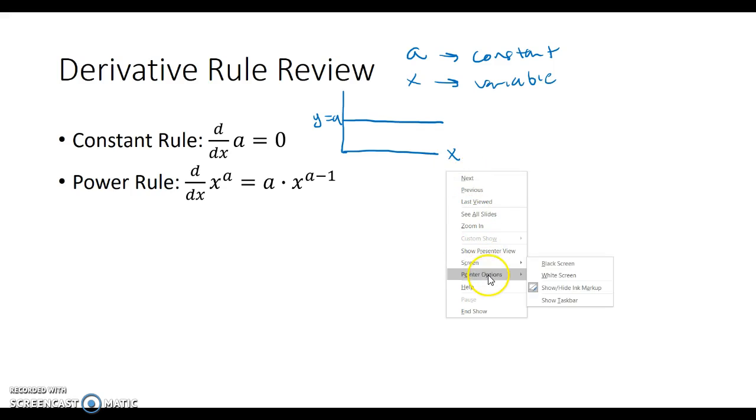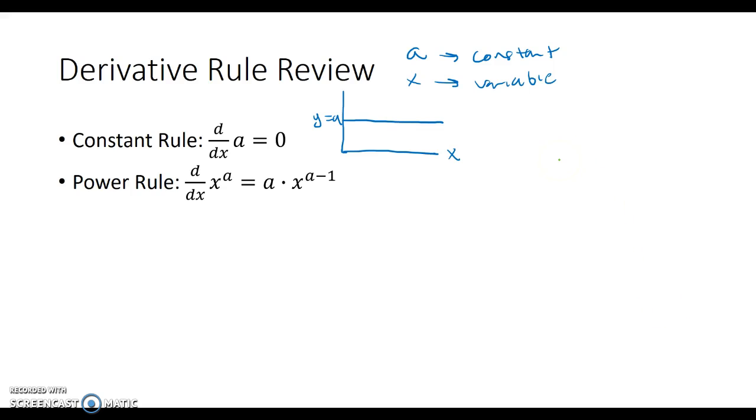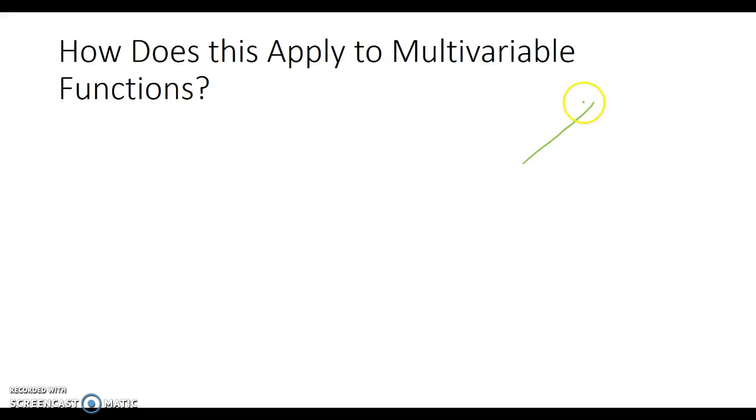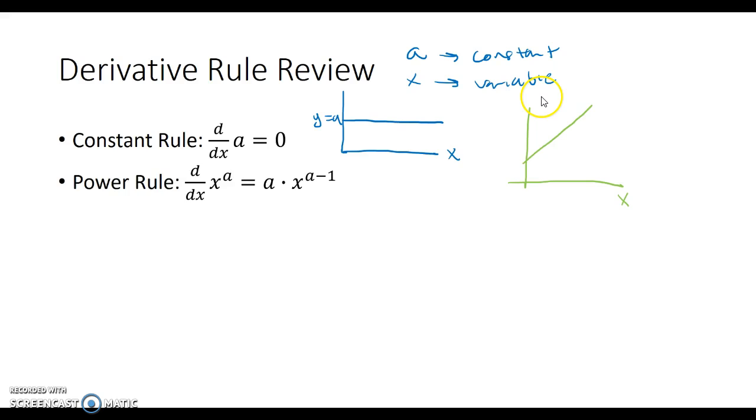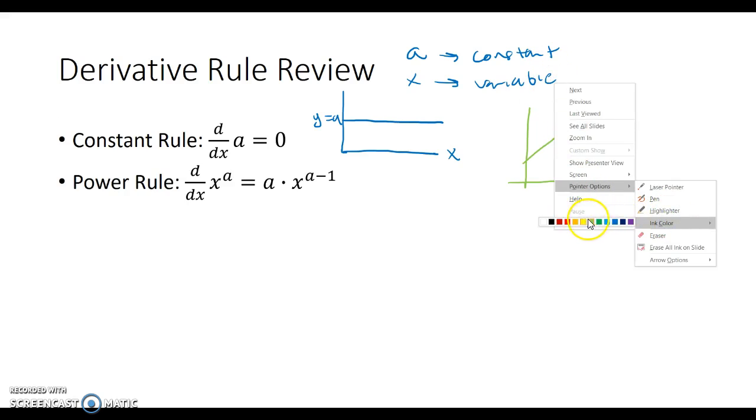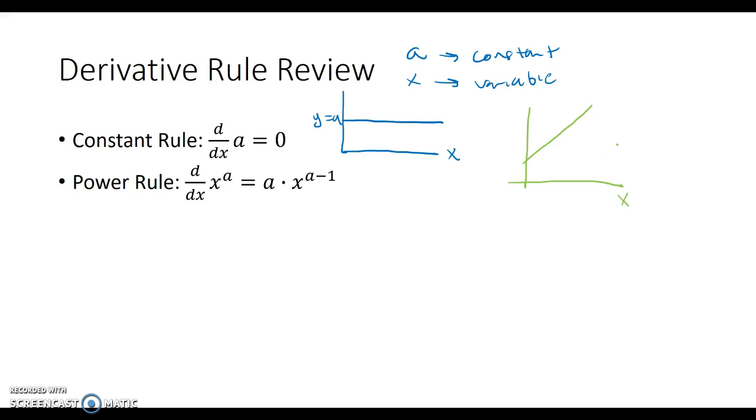The most obvious case of this would be looking at a graph of either a linear or quadratic function. So if you looked at a linear function, in this case, we have something like y equals 3x to the first.